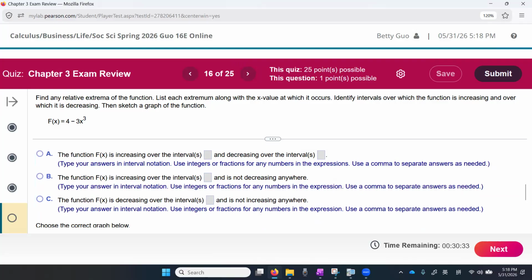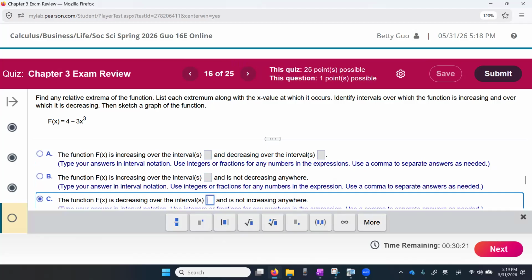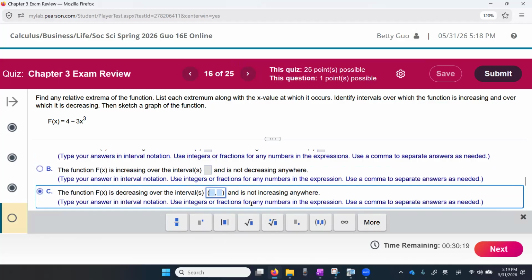The function is decreasing over the intervals negative infinity to positive infinity. I really attempt to write negative infinity to positive infinity. I'm sure the first time I do this one.